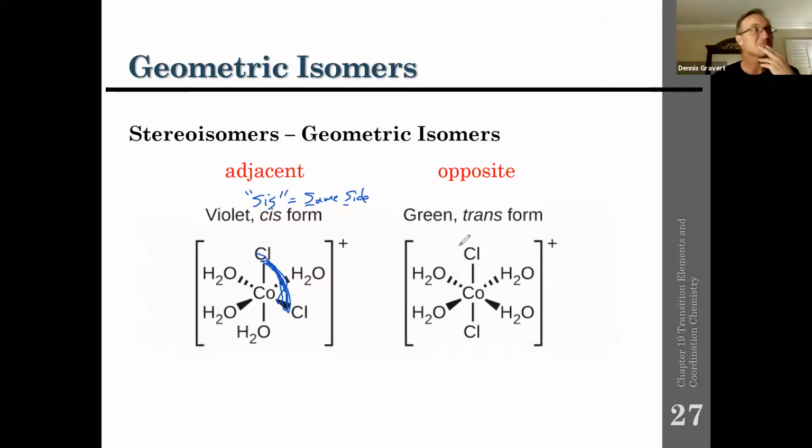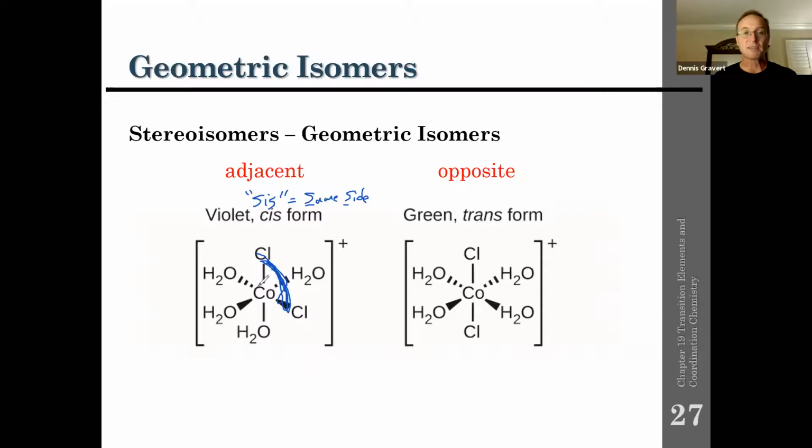Transcontinental Railroad went across the continent. What else is trans? Transfer things from one to the other, it's opposite. So go from one side of the molecule, top side down to the bottom side, going across the entire molecule. That's a trans isomer.